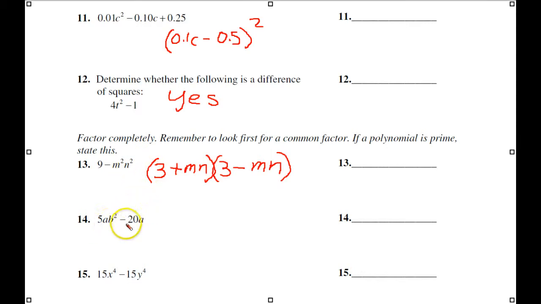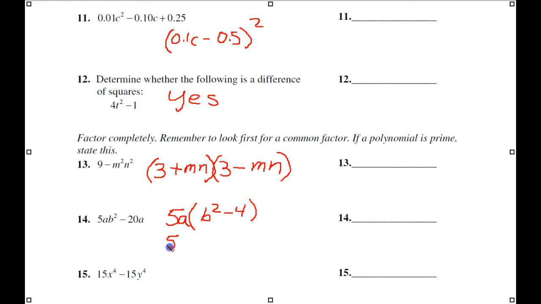Now again, look at it. Is there a common factor? Yes. So we'll factor out the 5. Actually, it's 5a we're going to factor out. And we get then b squared minus 4.